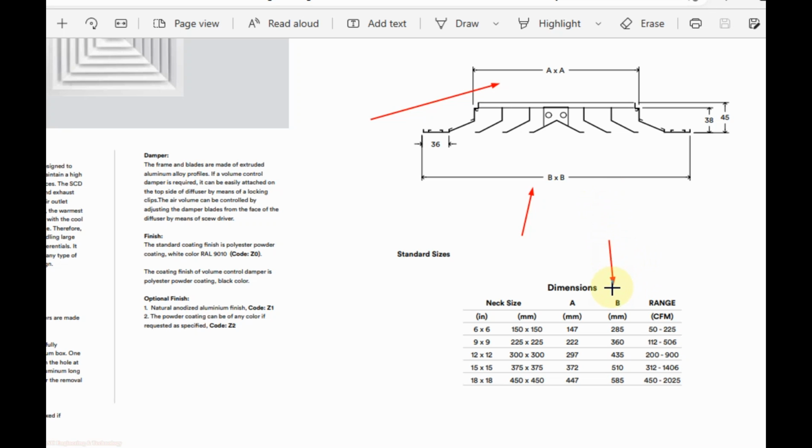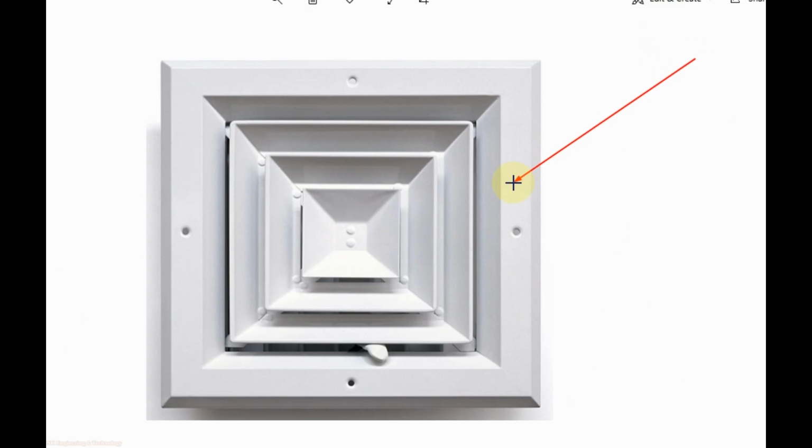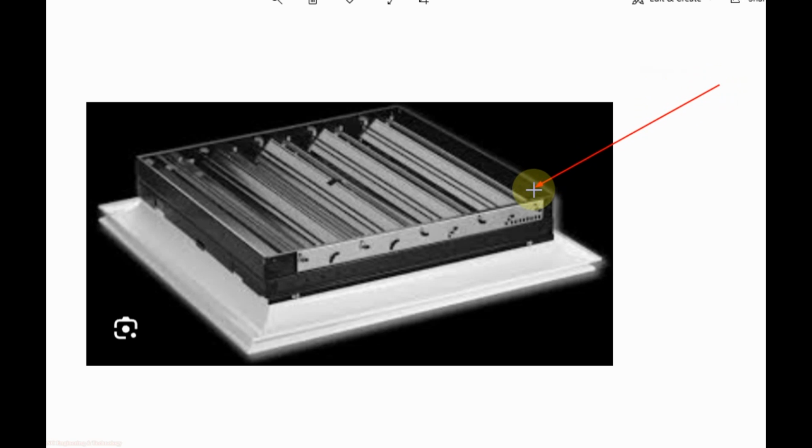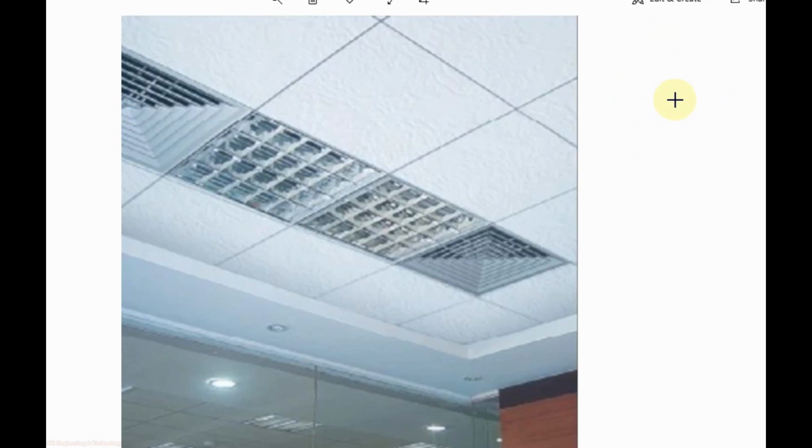From here you can select the value of its face, then accordingly from here you can select the corresponding neck size. When we are using a tile false ceiling, it is better to select the face size of the diffuser according to the tile size of the ceiling.